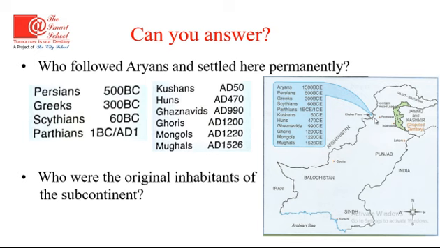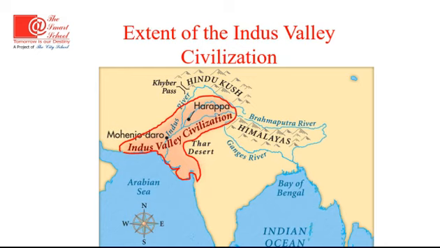Now, who were the original inhabitants of the subcontinent? Yes, they were Dravidians. Dravidians were the original inhabitants of the subcontinent. Now let's see the extent of the Indus Valley civilization. You can see this shaded area in pink color, and it is highlighted with the red color line.